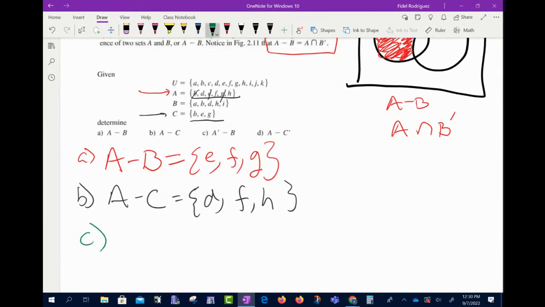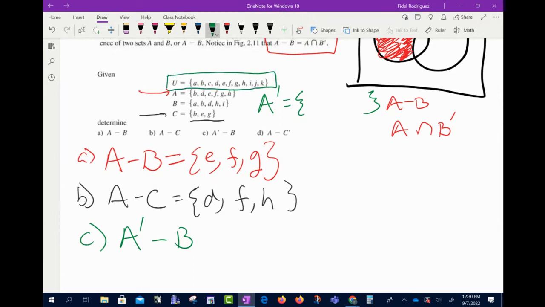Part C. Part C says we want to find A complement minus B. Okay, so the first thing I'm going to do here, y'all, before I do anything else, I need to know what my A complement is going to look like, right? So remember, the way I'm going to find A complement, I'm going to come back to my universal set right here.